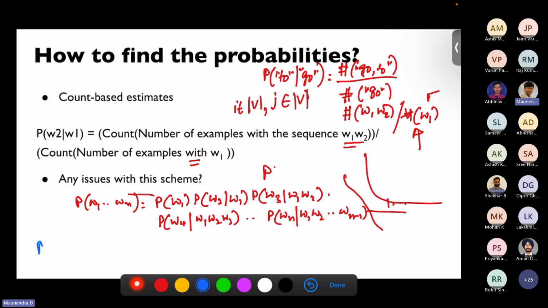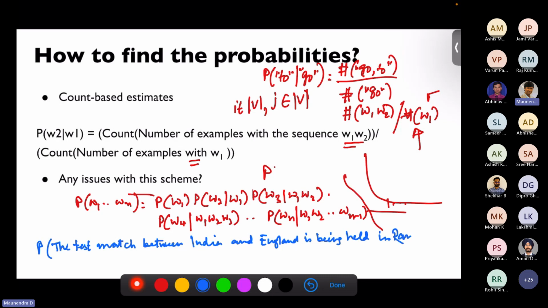So suppose our sentence is: the test match between India and England is being held in Karachi.